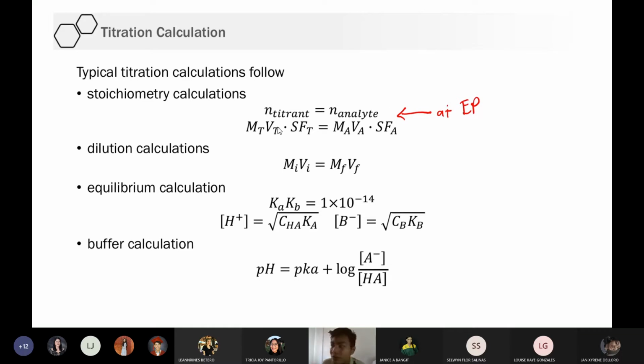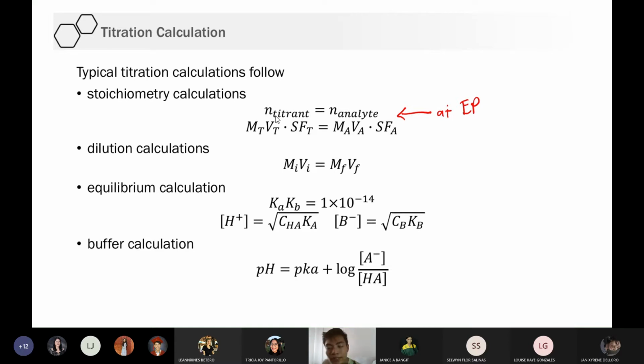Okay? So if we expand the mole, no? If we expand the mole, pwede natin yan ma-write as molarity times the volume, 'di ba? Remember molarity, that's moles divided by the volume. Rearranging the equation, we will get molarity times the volume equals mole. Okay?